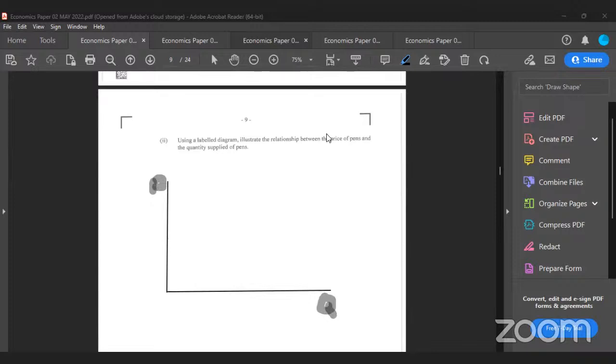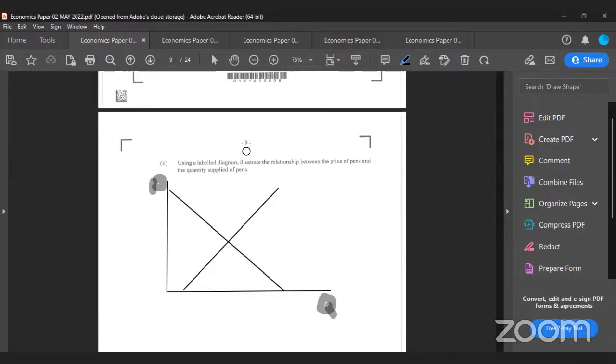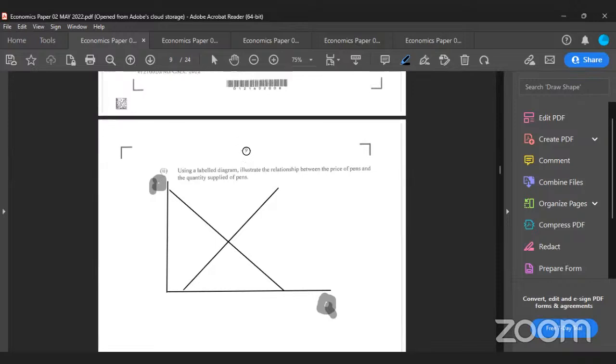We'd end up having our demand, and then we also have our supply, and this would be our equilibrium, where the quantity demanded and quantity supplied are equal.